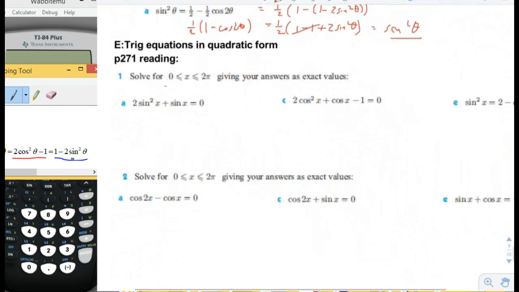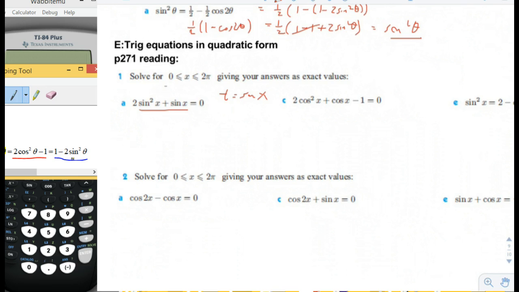Okay. Part E, trig equations in quadratic form. Solve for x between 0 and 2 pi, giving your answers as exact values. So let's see, 2 sine squared x plus sine x equals 0. Now you're going to use the substitution method, and you're going to substitute something like t equals sine of x.